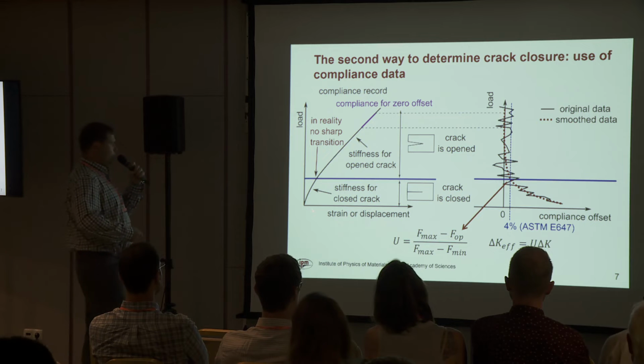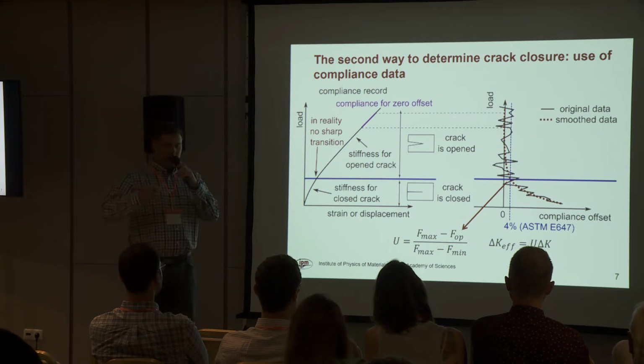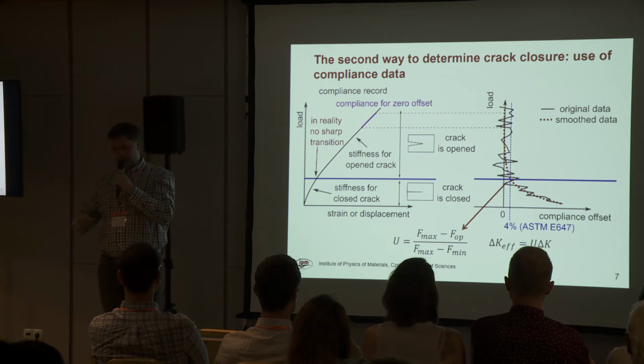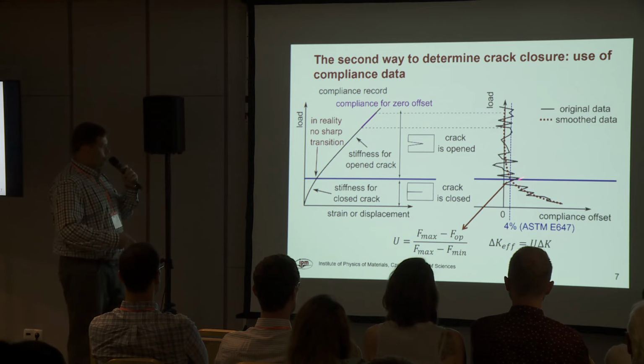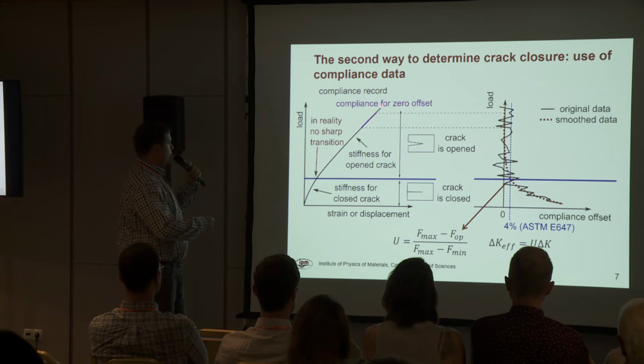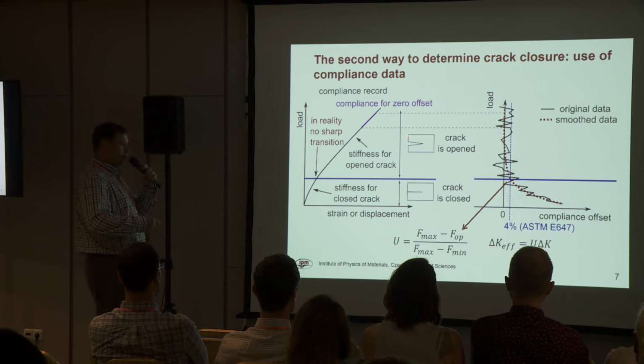And due to the fact that the crack is not closing and opening very sharply, but it's a continuous process, we have some criterion given by the ASTM, for example 1, 2, or 4% of change of the original offset, which is for the specimen with the fully opened crack.